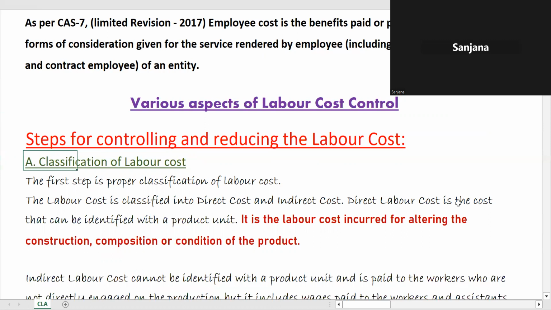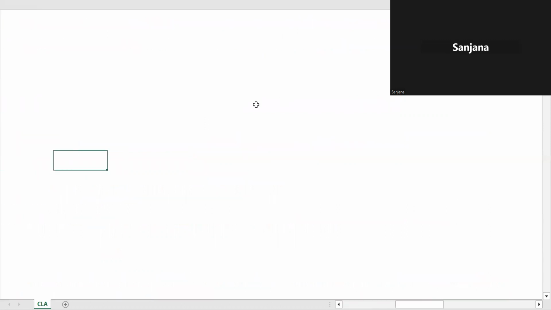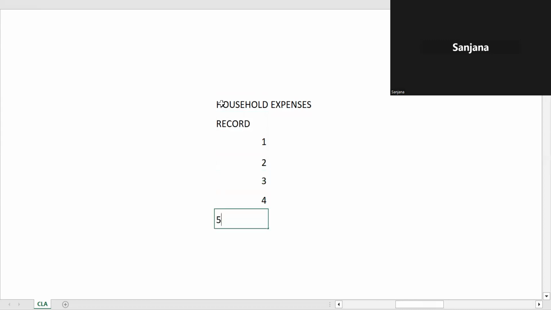फर्स्ट है क्लासिफिकेशन ऑफ लेबर कॉस्ट। देखिए, मान लीजिए आपके घर के खर्चे बहुत बढ़ रहे हैं, household expenses, so how will you control it? First thing is you record it, कि क्या क्या मैंने खर्च किया है, 1 2 3, जब जब हो रहा है उसको आप लिखना चालू करते हैं. You start writing whatever expenses you are making.